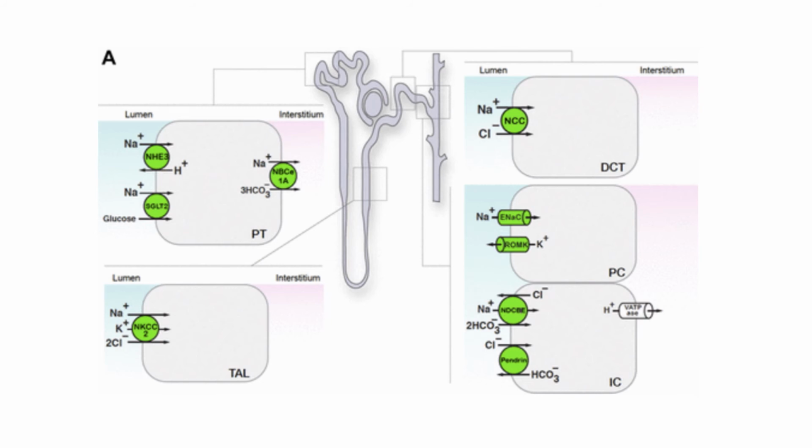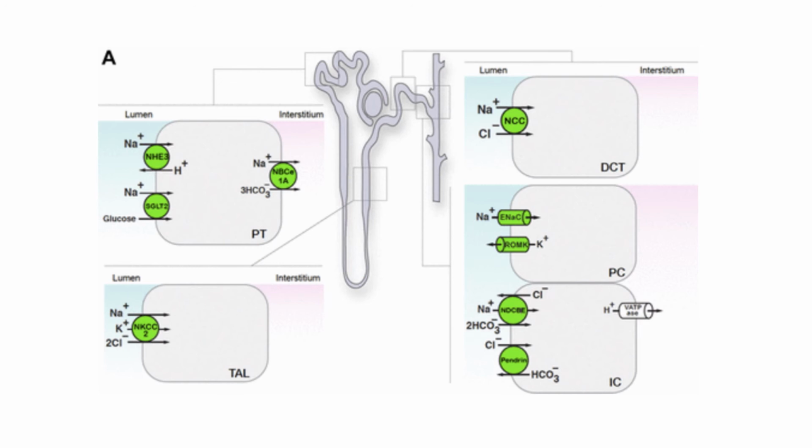Now let's see what happens in DCT and CT. In the DCT and CT, only 18 to 20% of the filtered sodium is reabsorbed at the apical membrane. This involves two processes. There are two processes in DCT and CT.